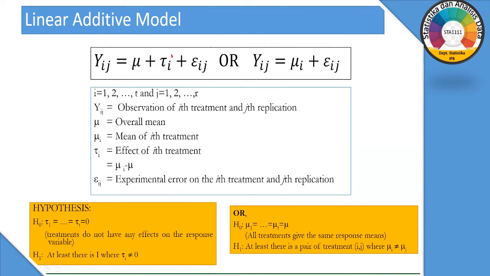This is the treatment effect, the ith treatment effect. Look at this here, the effect of ith treatment, the effect of dose here, let's say the effect of dose of 5, effect of dose of 10, effect of dose of 15, right? We call it the effect of the ith treatment.